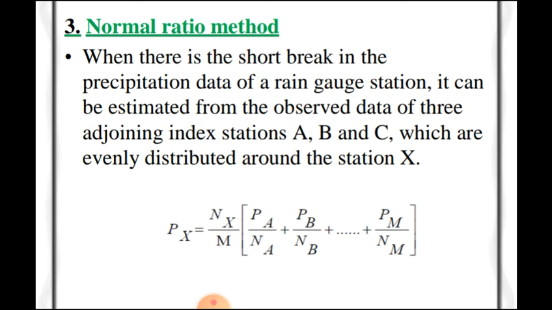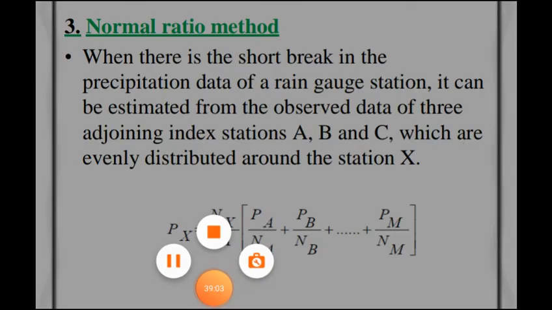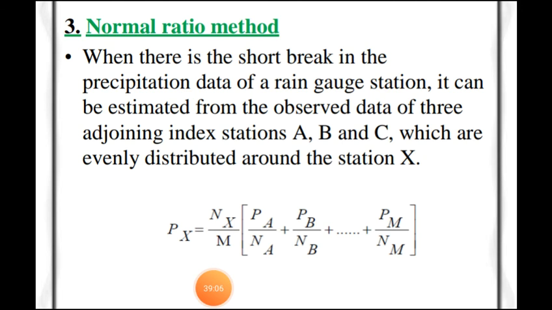Everything we studied in this video lecture, and in the next video lectures we will discuss other parameters related to that, such as soil moisture, and how soil moisture is related to infiltration or runoff, how it is converted into runoff. Everything we will discuss in the next lectures.